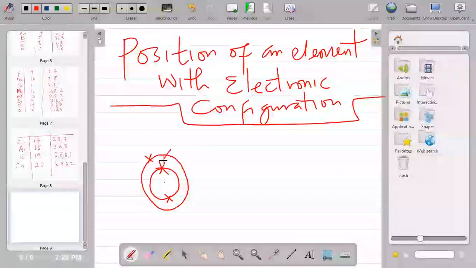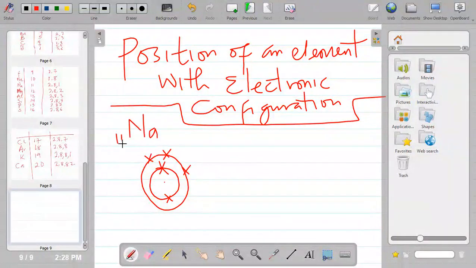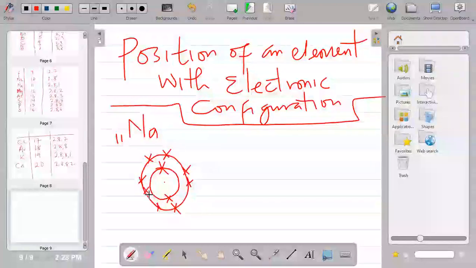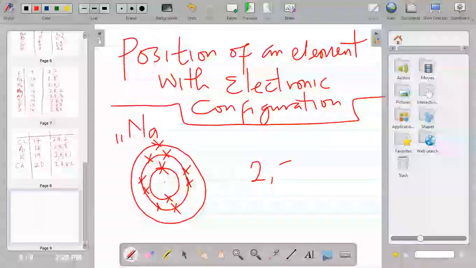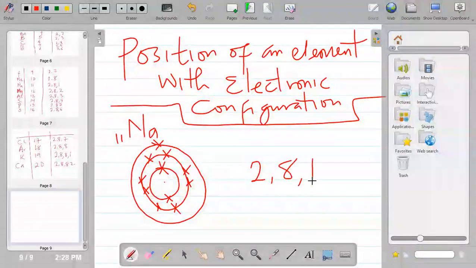We have the second shell, sodium has atomic number 11, containing 8 here. And we have the last shell containing 1. Now, from this, the electronic configuration of sodium is 2, 8, 1. These are what I refer to as notation.